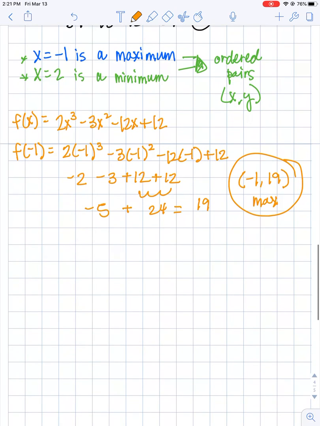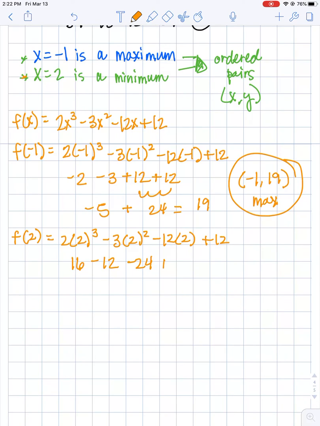Okay. Now, f of 2, because the second x value was 2. 2 times 2 cubed minus 3 times 2 squared minus 12 times 2 plus 12. 2 cubed is 8. 8 times 2 is 16, guys. 2 squared is 4 times -3 is -12.